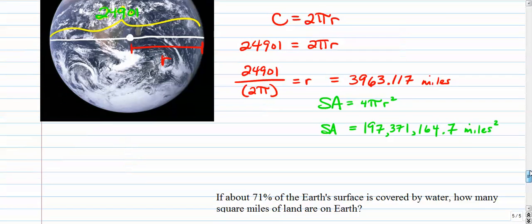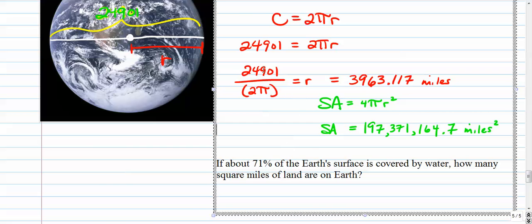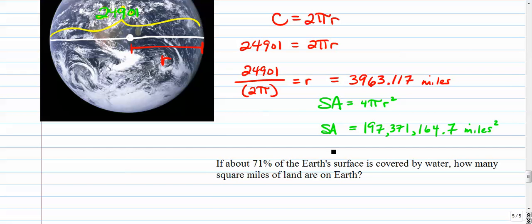And a follow-up question: if about 71% of the Earth's surface is covered by water, which is true, how many square miles of land are there on Earth? What you would do is take the total surface area, which includes land and water, and figure out that if 71% is water, then what percent is land?